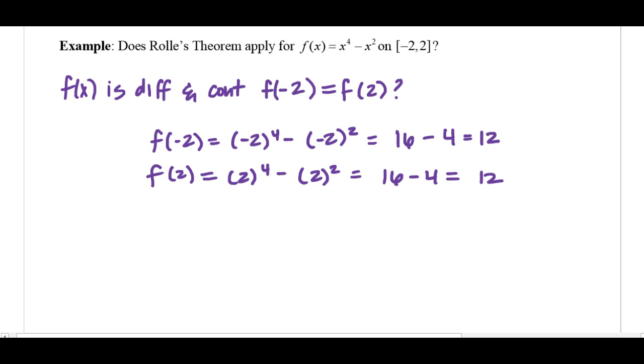So yes, I can erase the question mark. f of x is differentiable and continuous, and f of -2 equals f of 2, so Rolle's theorem applies. So there's going to be some value c between -2 and 2 such that the slope of the tangent line equals 0.